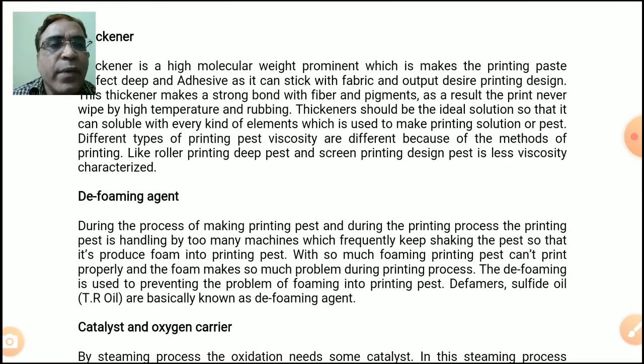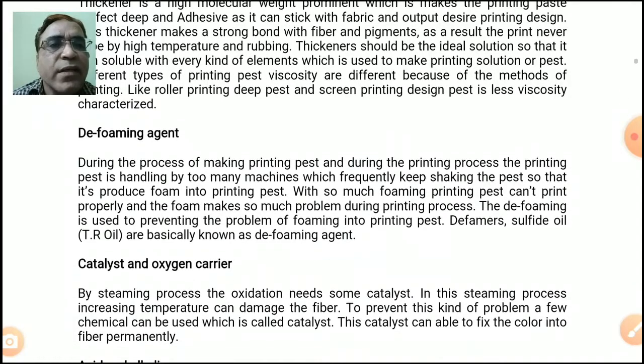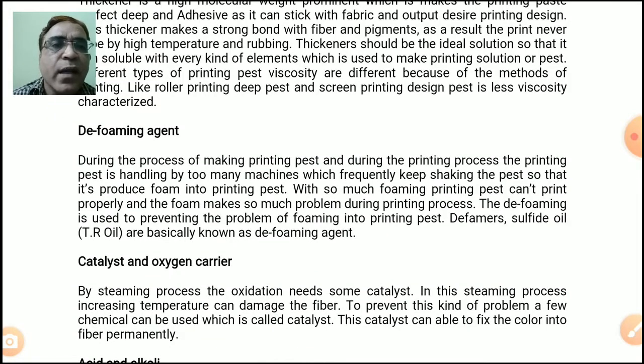Next ingredient in the printing paste is the defoaming agents. Foaming, the froth that forms in the printing paste, because we use wetting agents. So by using wetting agents we are having some foam. So what foam does? It makes the printing paste, you can say, not stable.